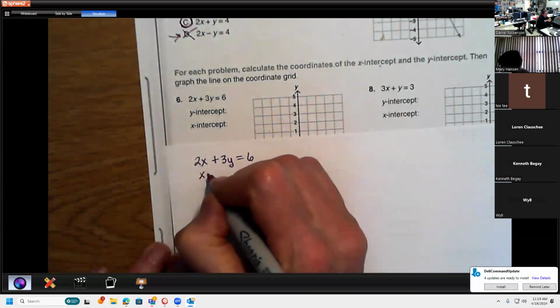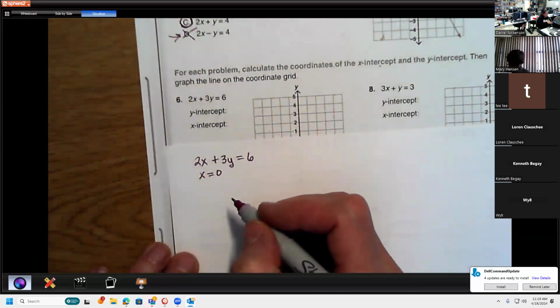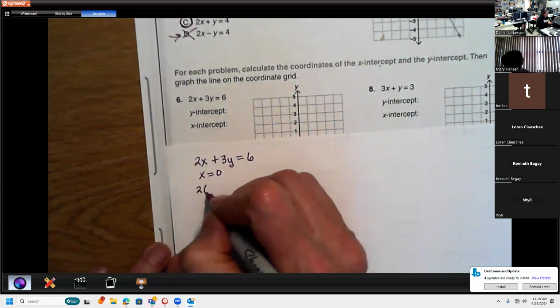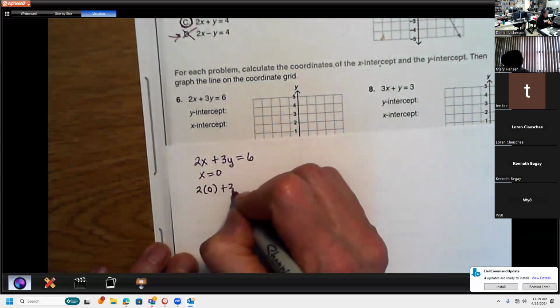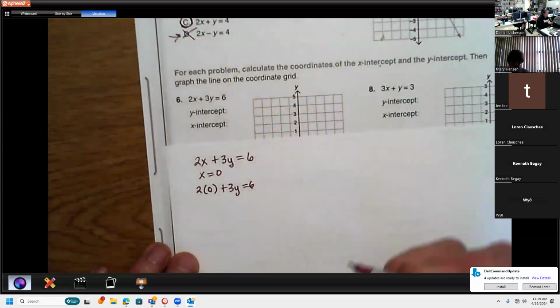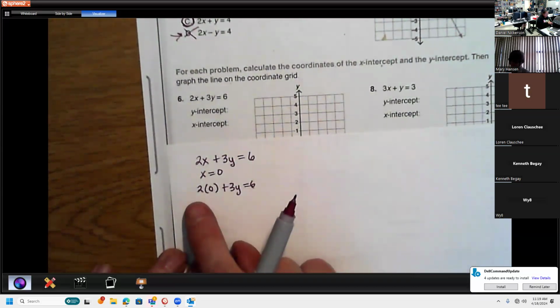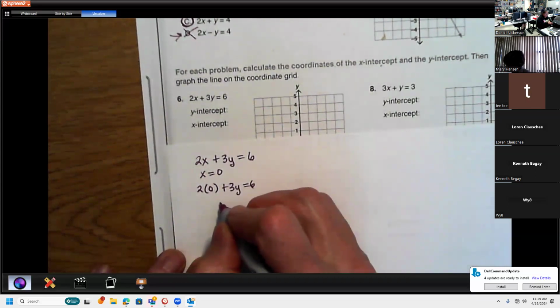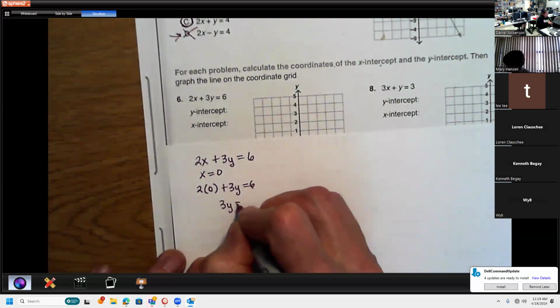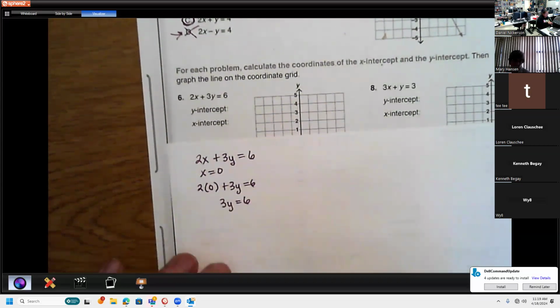So if we make x equal to 0, I'm going to put in 2 times 0 plus 3y equals 6. Anything times 0 is 0. So I have 3y equals 6.